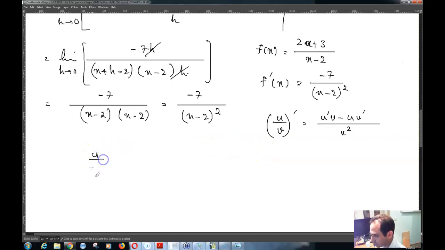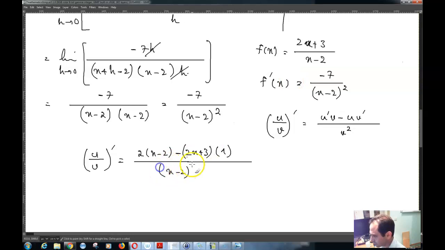And then you can write u divided by v whole prime is equal to basically u prime, which is equal to 2 times, for example, x minus 2 minus 2x plus 3 times v prime, which is equal to 1 over the denominator whole squared, which is x minus 2 whole squared.